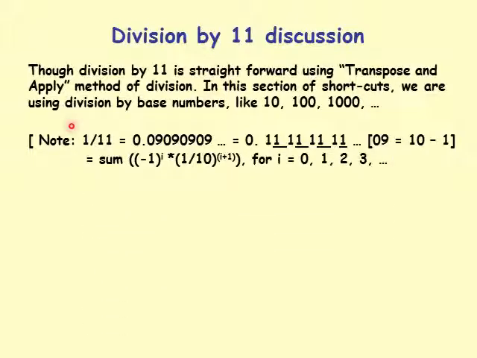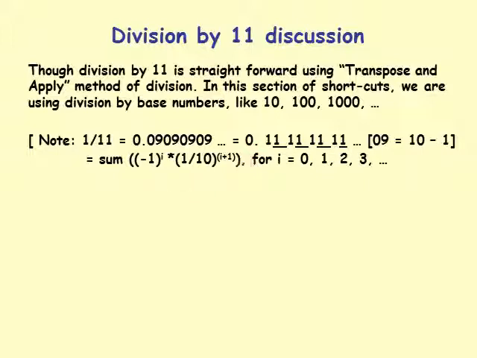Note 1 over 11 is equal to 0.09090909. So 0.09 is a recurring number for 1 over 11. That's also equal to 1, negative 1, 1, negative 1, because 0.9 is equal to 10 minus 1.